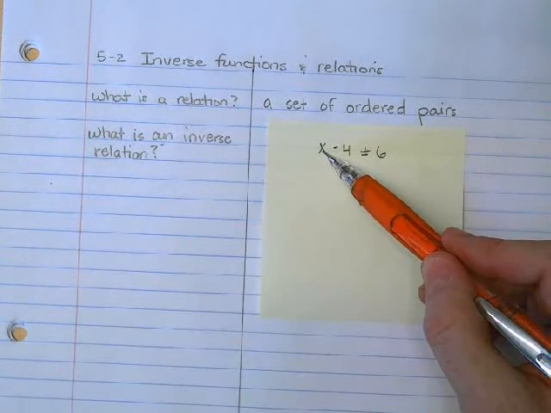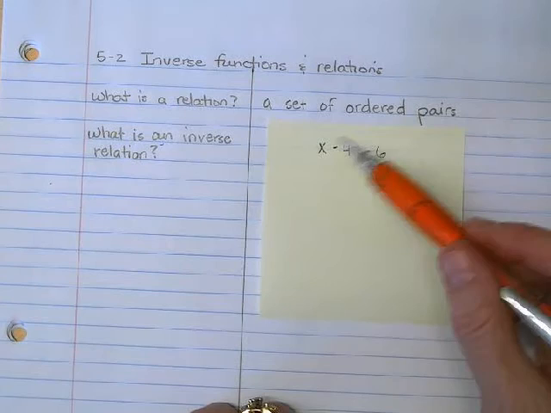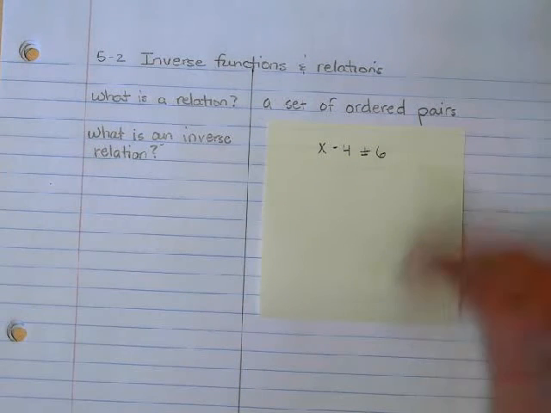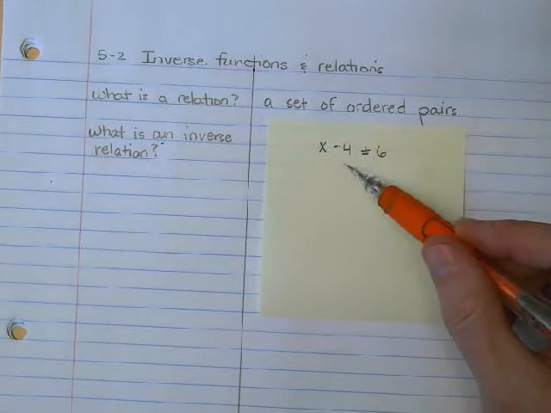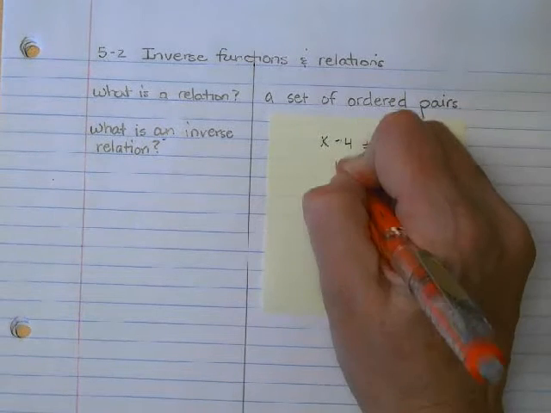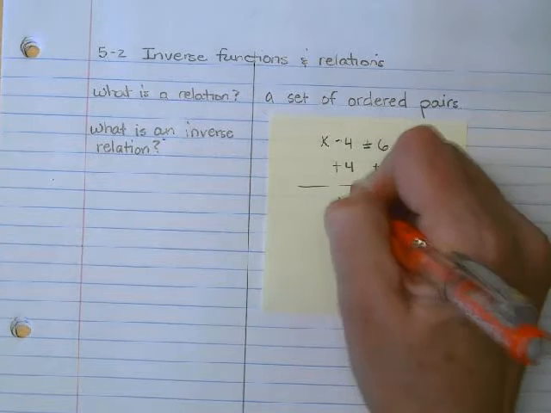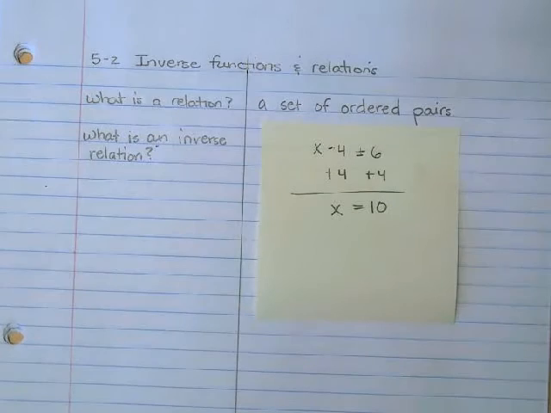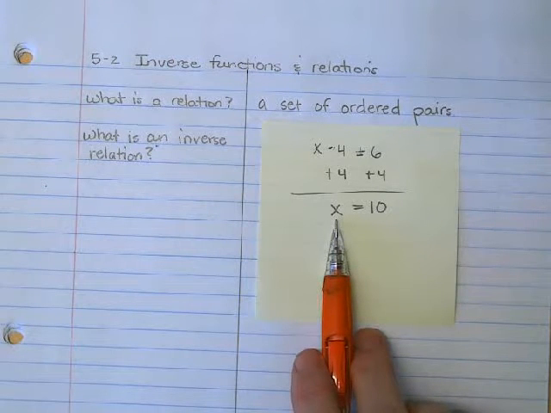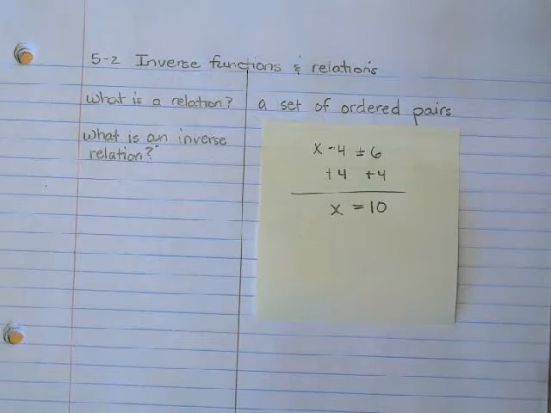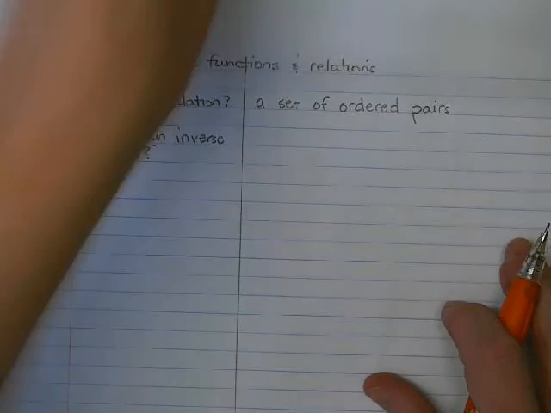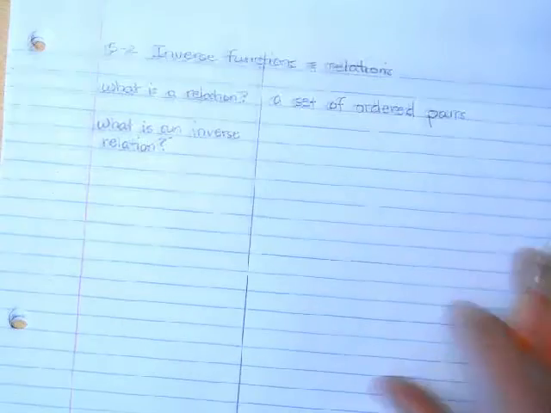How would we get this x all by itself? And we said, well, you would do the inverse or the opposite of subtraction, which is addition. By doing this, it's like we undid it. You're undoing it and you're getting x all by itself. When we're talking about an inverse relation, it's like we're undoing a function. So just keep that in the back of your head for right now.